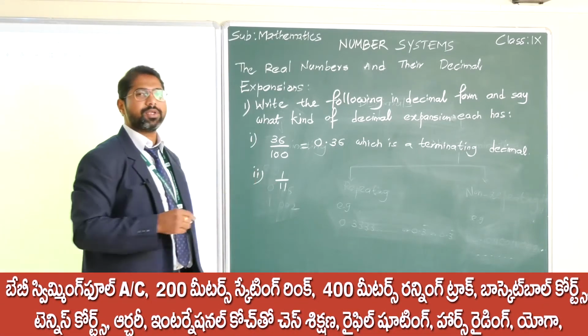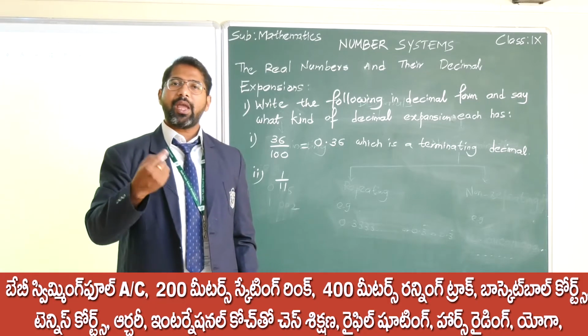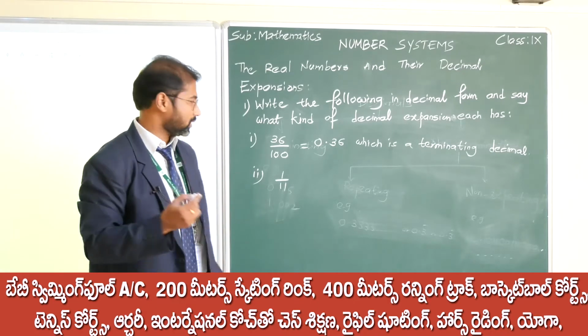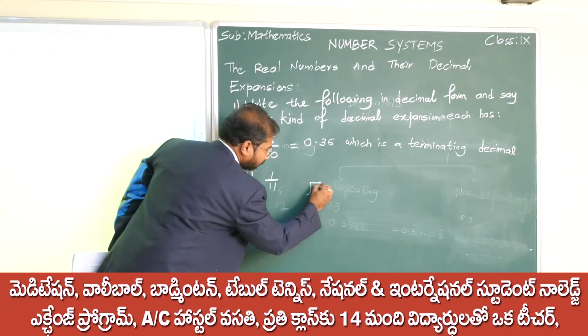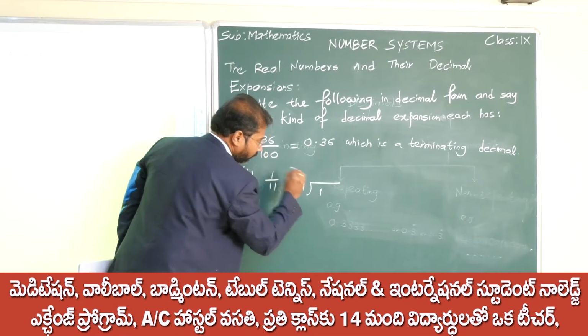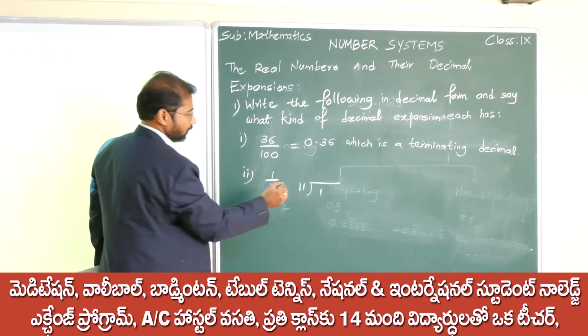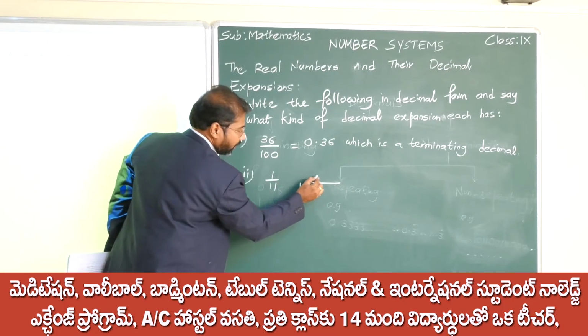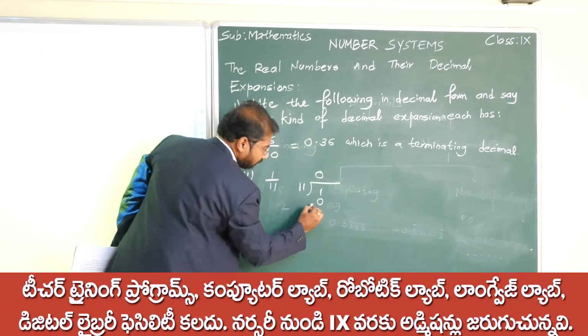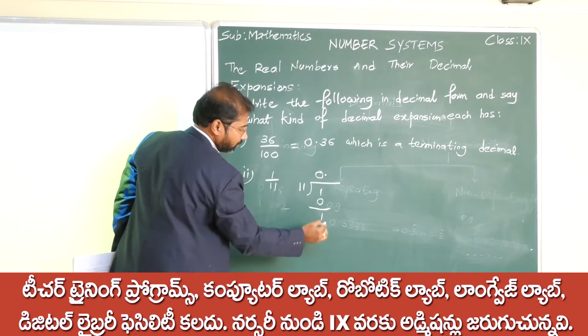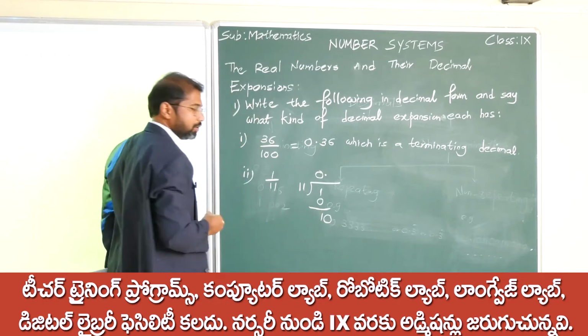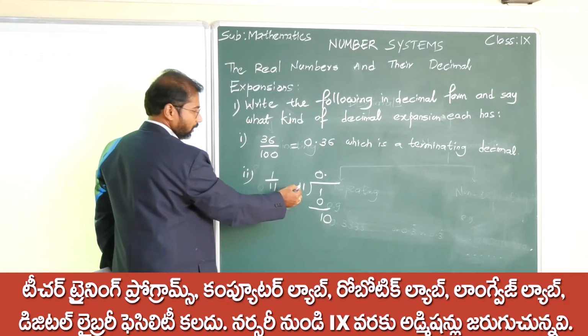So I have to use the actual division process. So here I will do normal division, 11 into 1. 1 will not go in the 11 table, so I will start with zero. Now keep the decimal point. Here you have to write 0. 11.